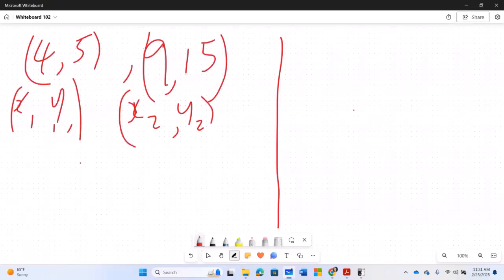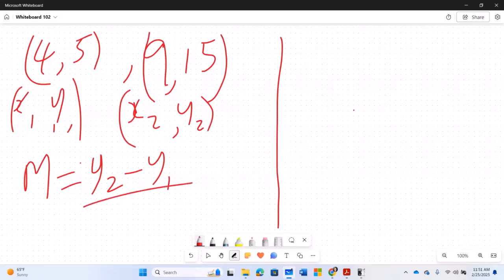Then I'm told to find the equation. Before I find the equation connecting these 2 points, I have to know the slope. The slope will be the change in y, y2 minus y1, over the change in x, x2 minus x1.